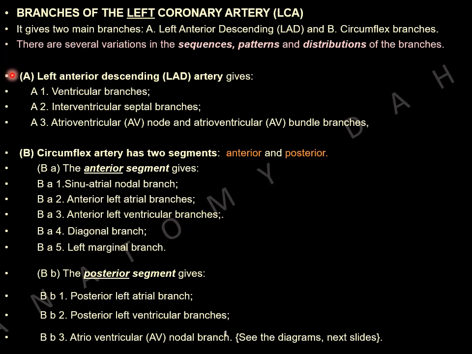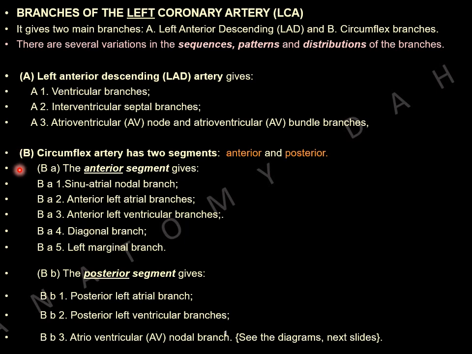The left anterior descending artery, LAD, gives ventricular branches, interventricular septal branches, atrioventricular AV node, and atrioventricular AV bundle branches. The circumflex artery has two segments, anterior and posterior.